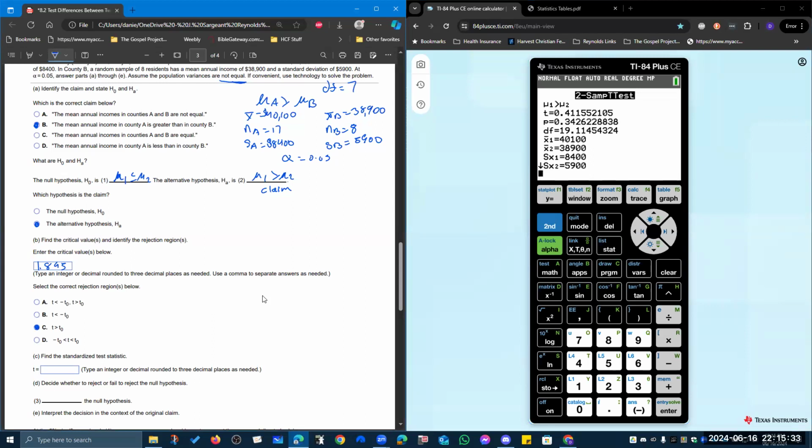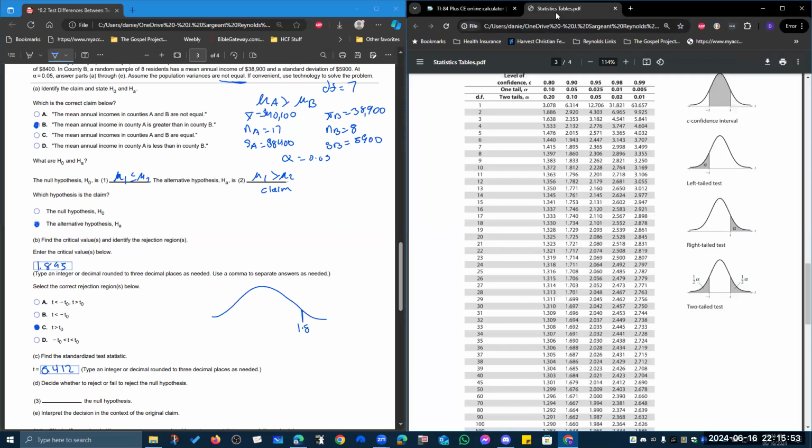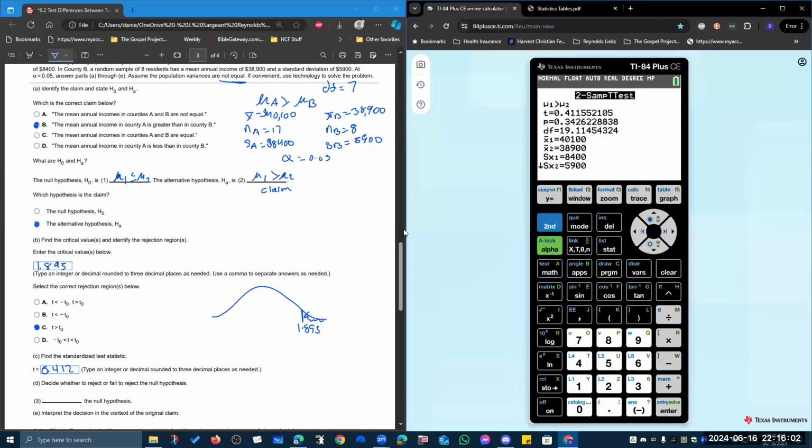My test statistic here is 0.412, which is going to be less than 1.895. Rejection region over here, and we are over here for my test statistic, t equals 0.412.